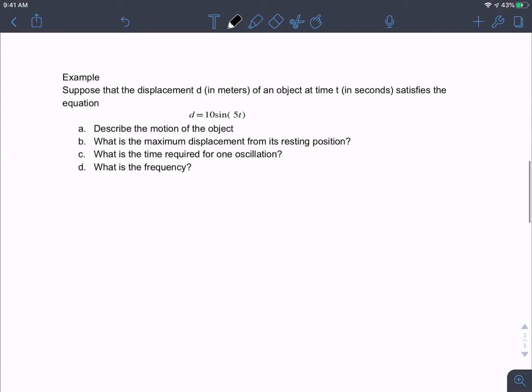In this example, it says, suppose that the displacement in d meters of an object at a time t satisfies this equation. So we're looking at this equation here. And remember, the formula was A sine of omega t, right?